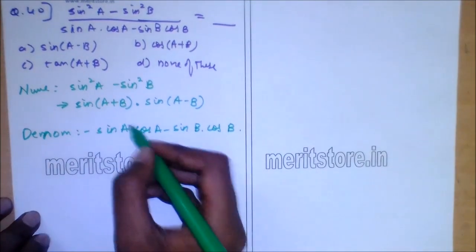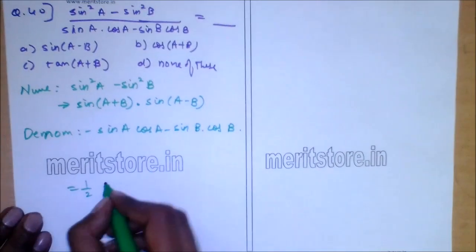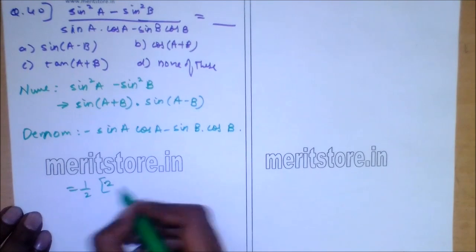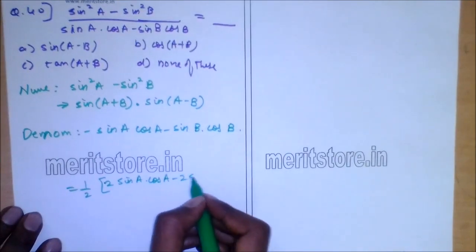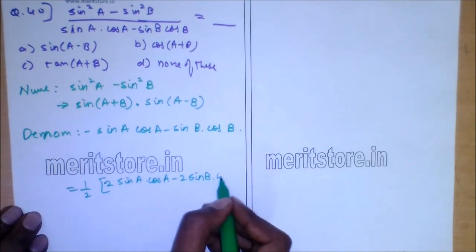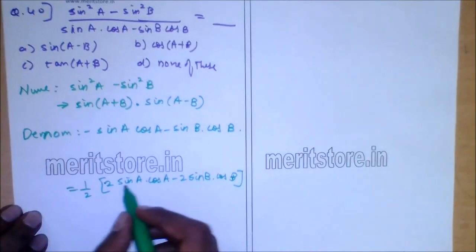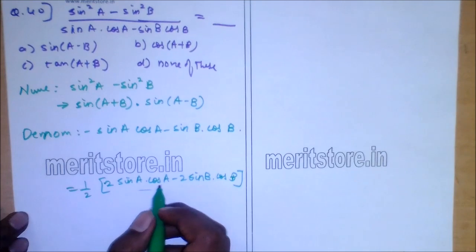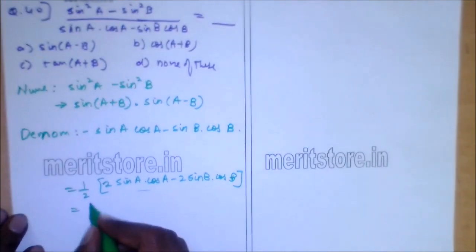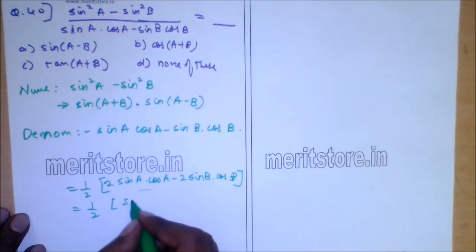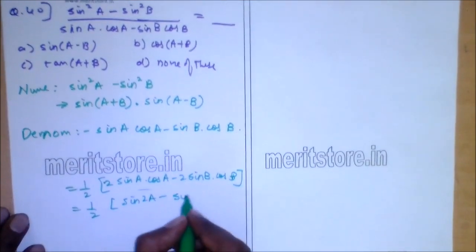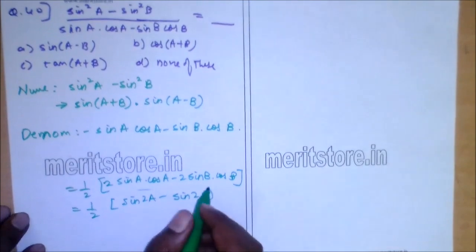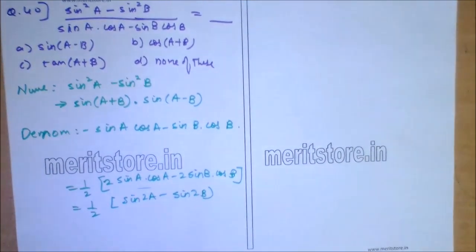Now we divide and multiply by 2. So we get half into 2 times sin A cos A minus 2 times sin B cos B. Now this is in the form of 2 sin theta cos theta, which is sin 2 theta. So this gives half into sin 2A minus sin 2B.